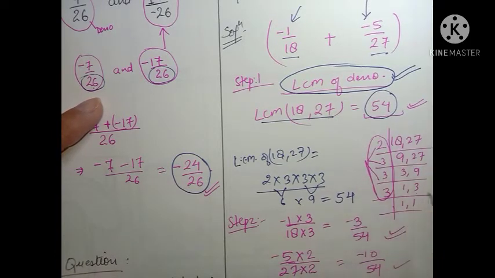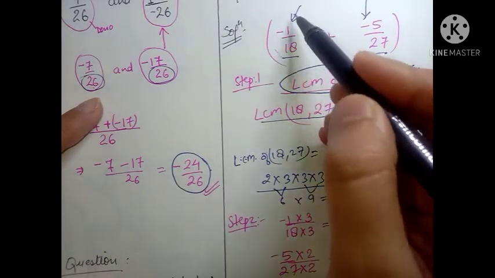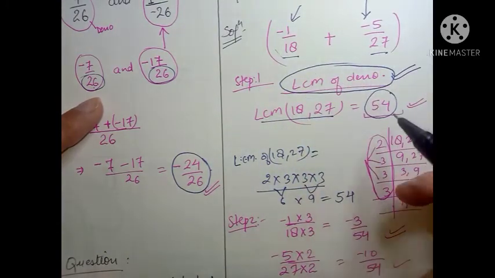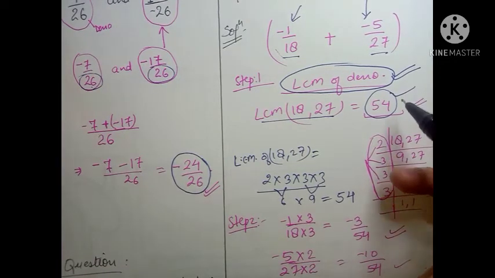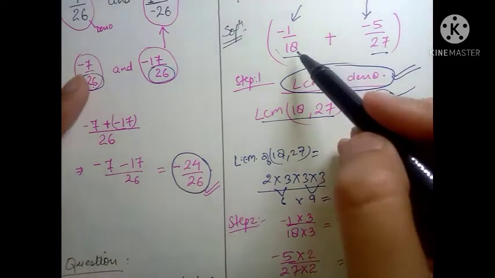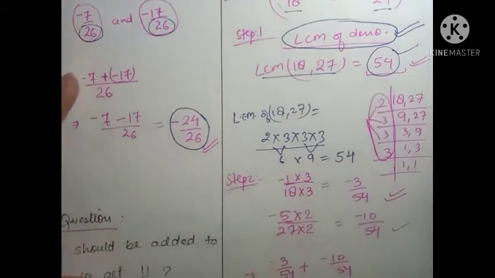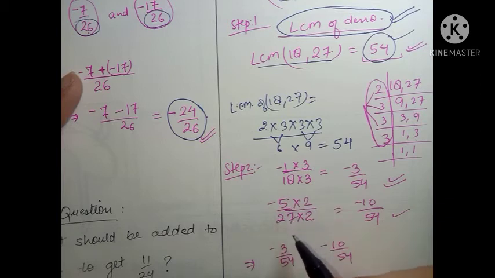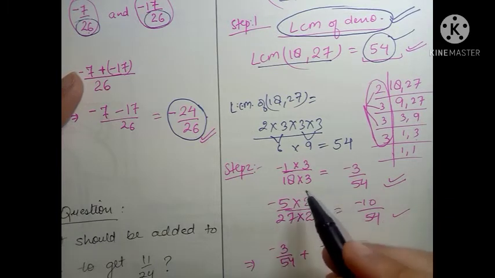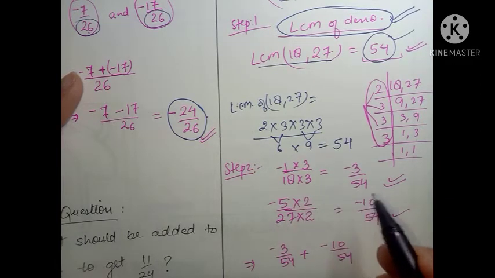Once you are done with the LCM, the second step says that you have to make both rational numbers have the denominator equal to 54, or whatever the LCM came to. So you have two numbers, minus 1 upon 18 and minus 5 upon 27. You have to make their denominators equal to the LCM.